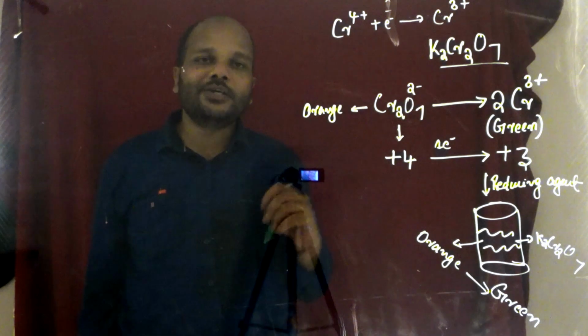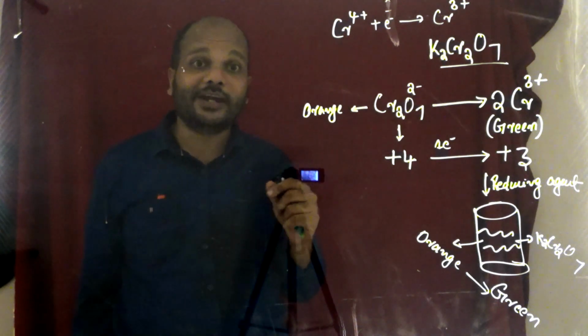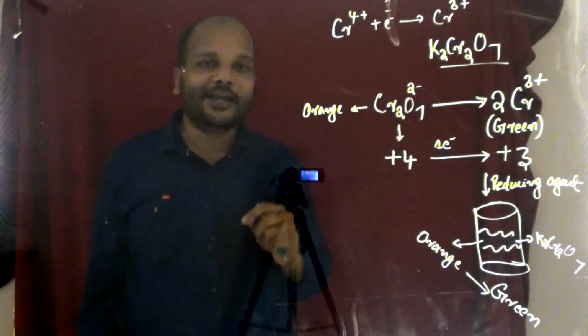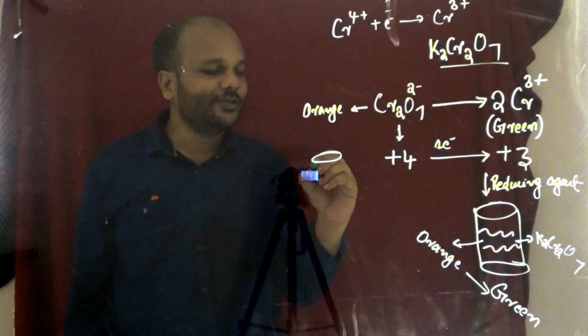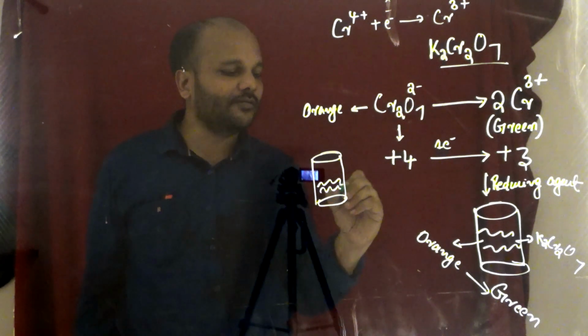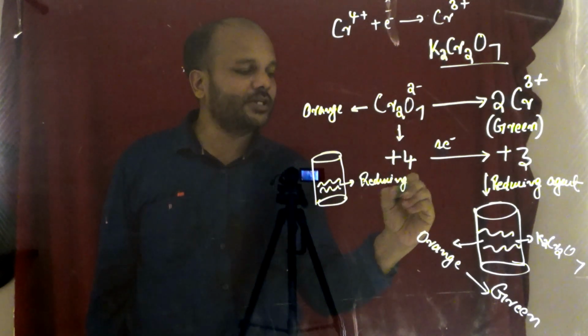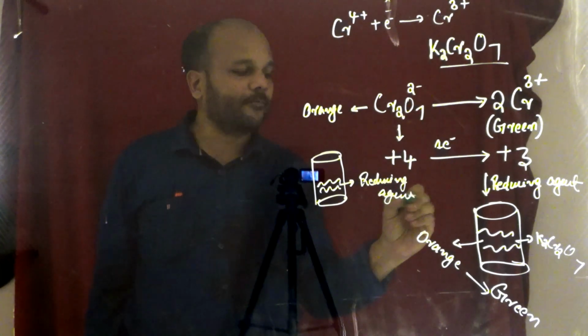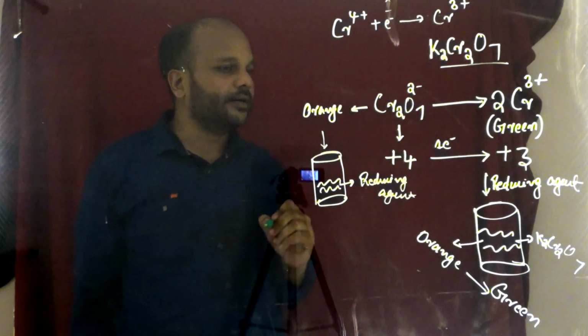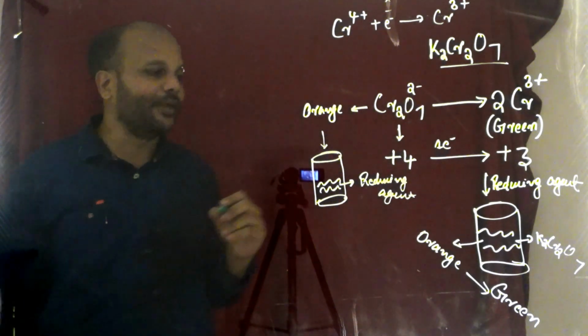In the same way as KMnO4, we can test for the presence of a reducing agent through this K2Cr2O7. Consider this is a beaker which contains some solution. We don't know whether it is a reducing agent or not a reducing agent. Suppose you are adding K2Cr2O7, potassium dichromate.